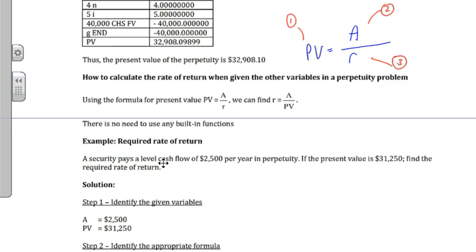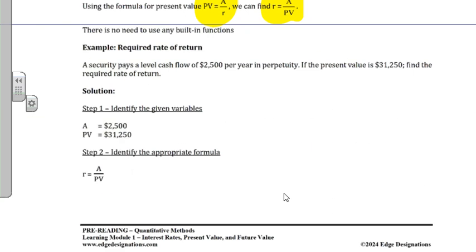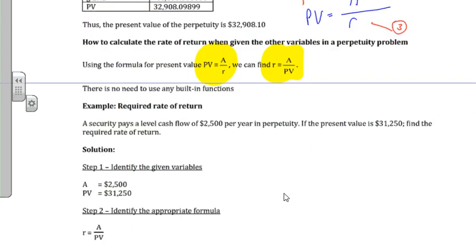So if you've got that formula, which is our stock standard formula, you can now solve for little r, which is my denominator. Here I'm going to make it what I'm solving for. Let me show you how to do that. Okay, the security pays cash flows of $2,500. That would be its A in my formula.